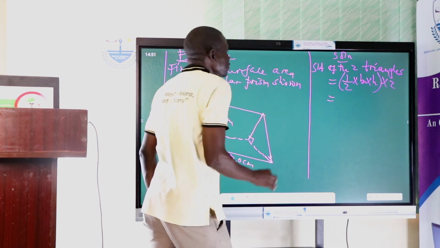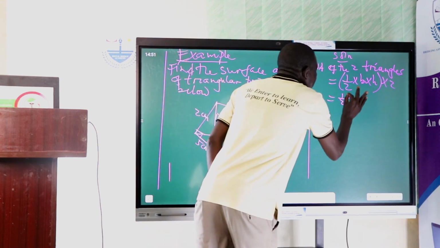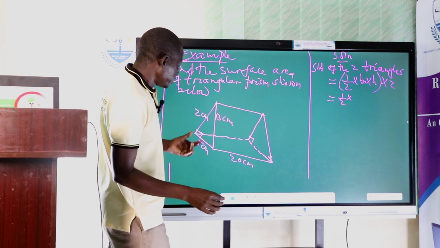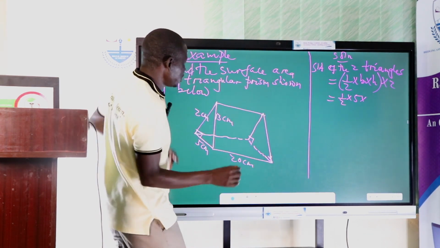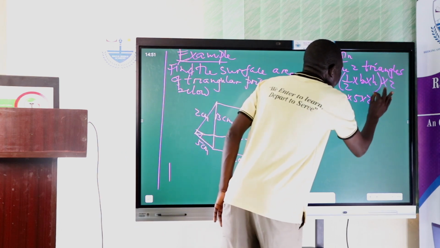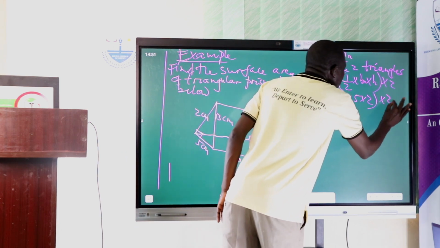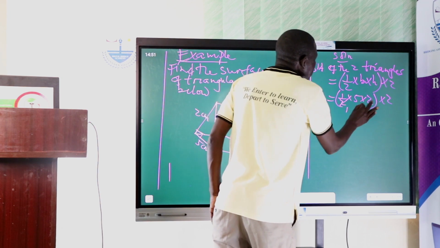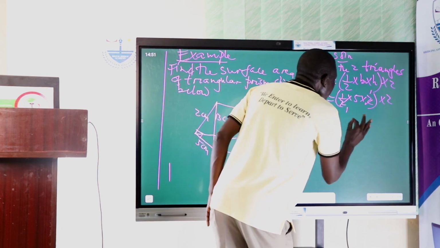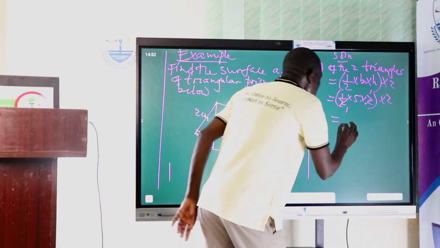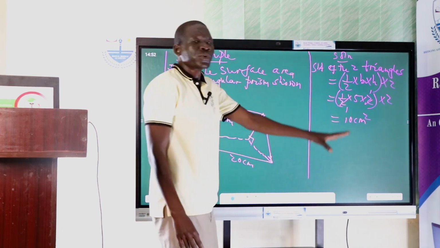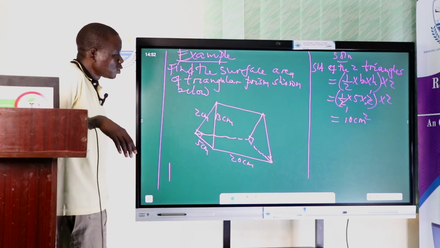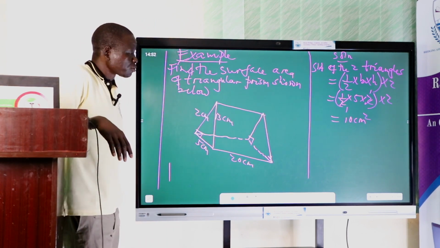So in this case, we shall have a half times the base, which is 5, times the height, which is 2. Then everything times 2. You can see that these 2 will cancel, and we are left with 5 times 2, which is 10 centimeters squared. So that's the surface area of the two triangles.